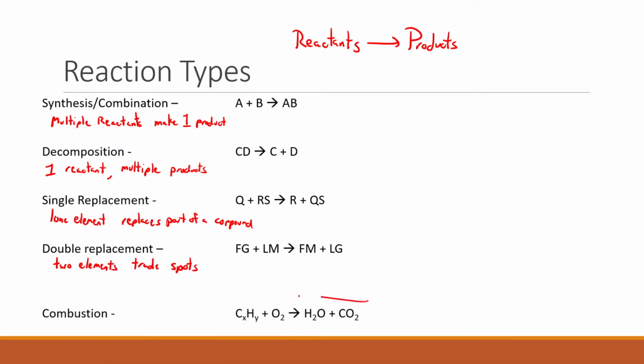You will always have CO2 and water as your products in a combustion. If there's something else, then it's not a combustion anymore. Right? Combustion by default is hydrocarbon and oxygen making water and carbon dioxide.